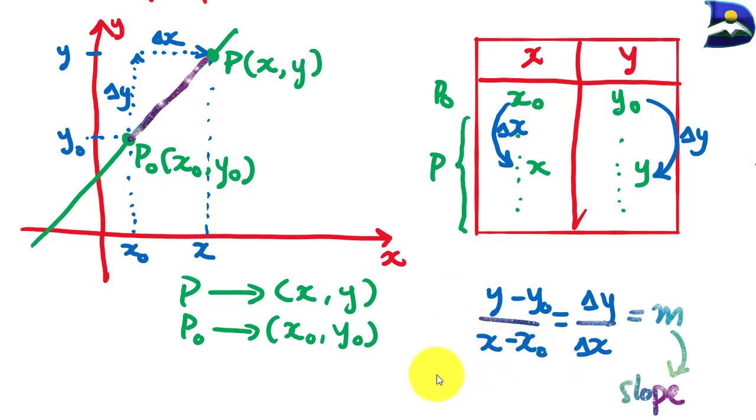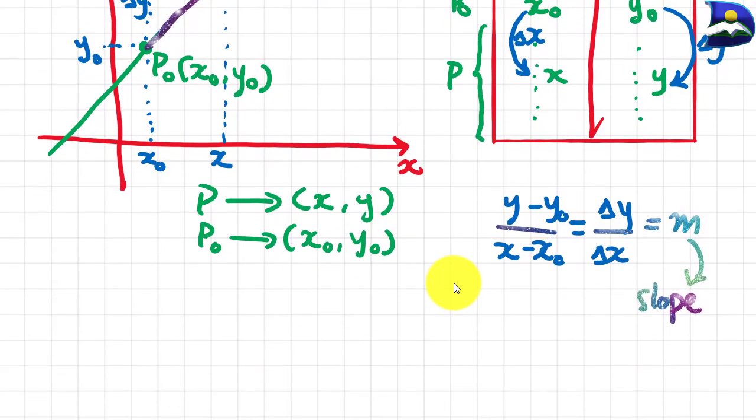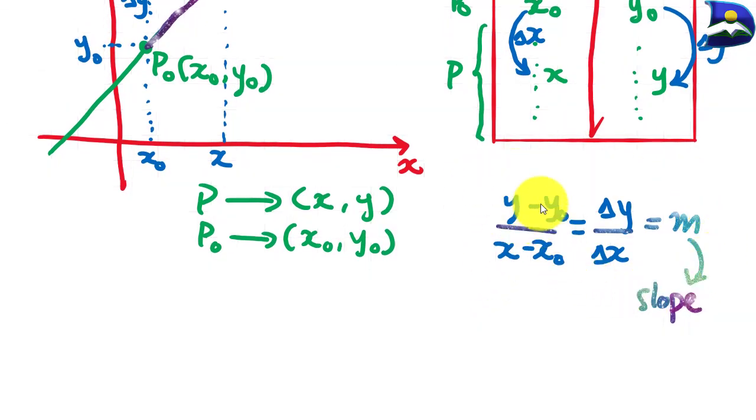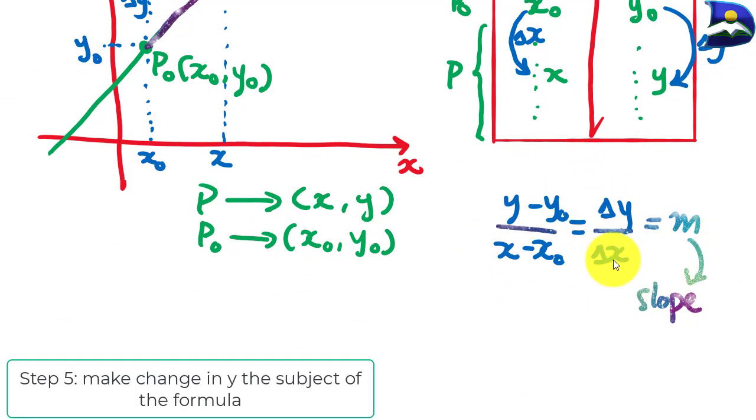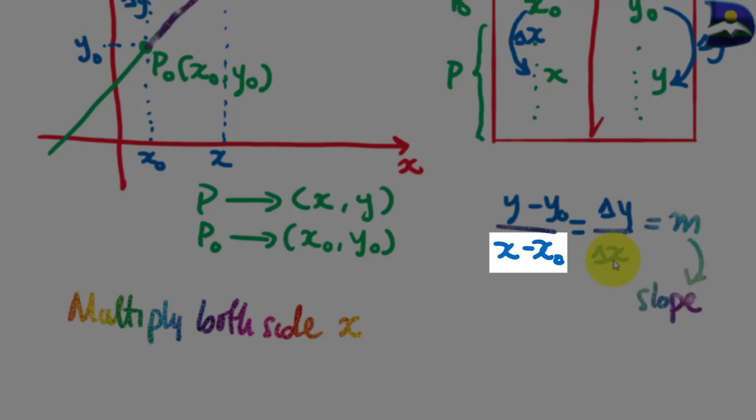By so doing, we can move on to our final step, which is to rearrange this equation to make it look like the point slope form. To do this, all we have to do is multiply both sides by our change in x, which is expressed as x minus x naught.